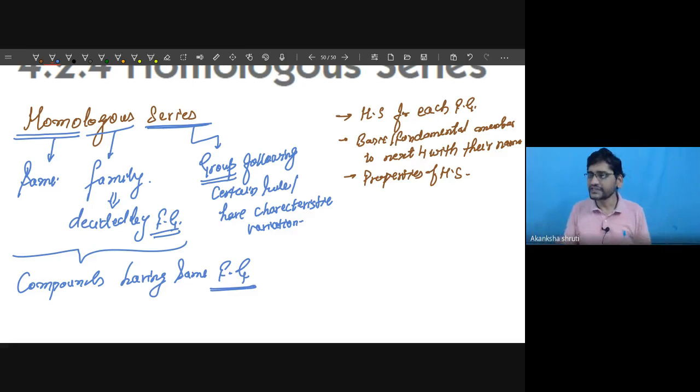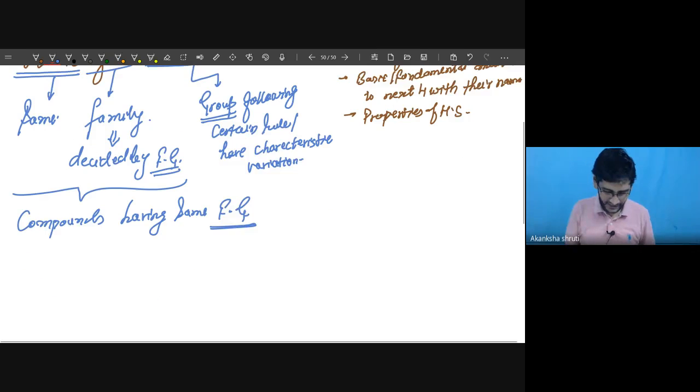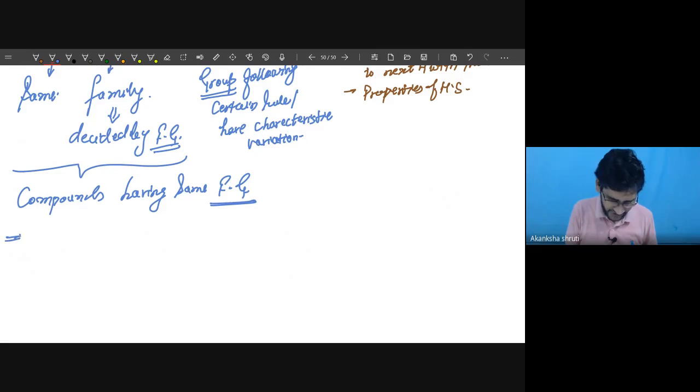So what is the definition of homologous series? Whatever I have explained, let me write the definition. Homologous series always means with the same functional group. It is the key thing that you must keep in mind. For a given functional group, I can have a specific kind of homologous series.